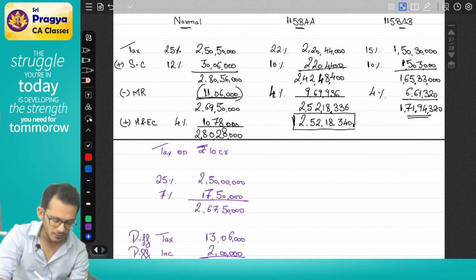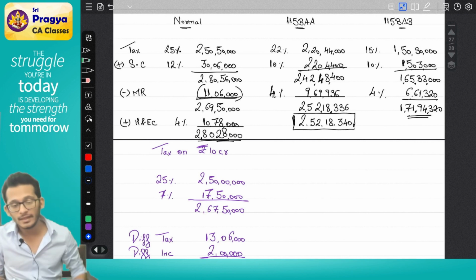Now tell me, will the person opt for normal regime, 115 BAA regime, or 115 BAB regime?